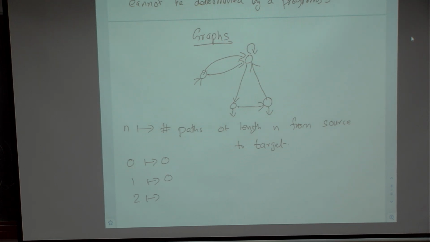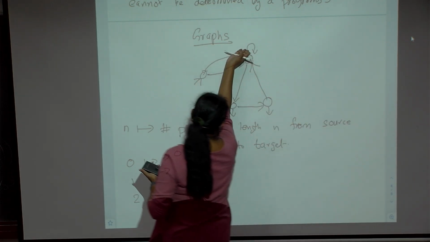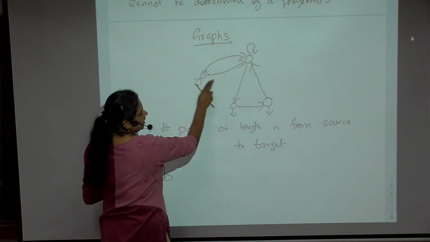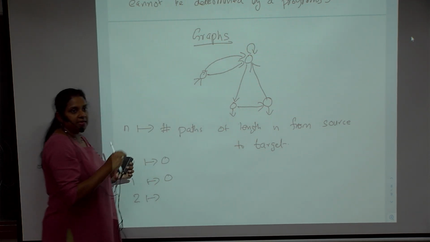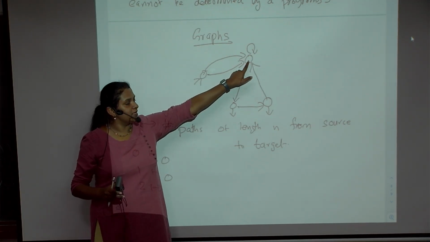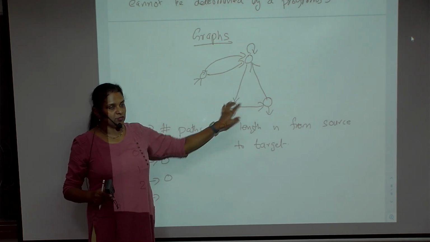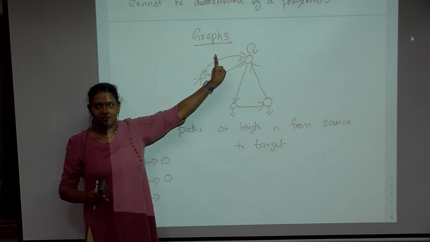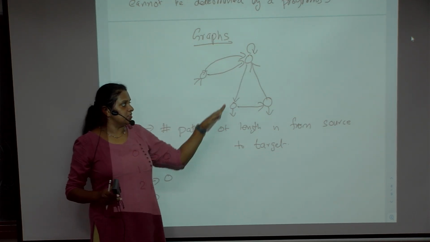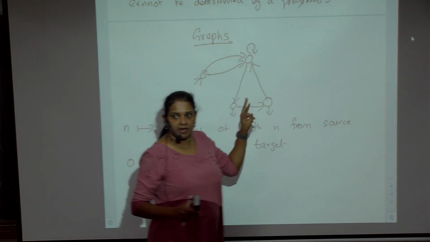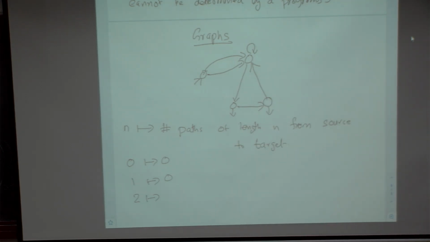Which are those two paths? So either I can take this one and then come here, or I can take this one and come here. So I can take 2 paths. Actually, the 2 paths are to reach here, and from here to come to a final state, there is only one way, which is just to take this one, right? So there are two paths of length 2, right?